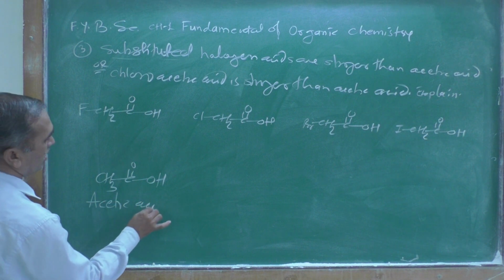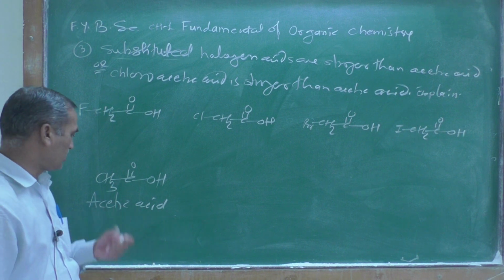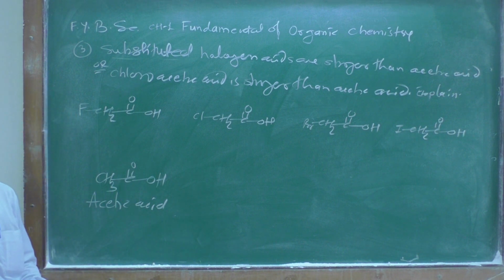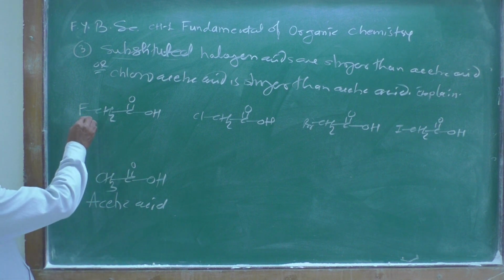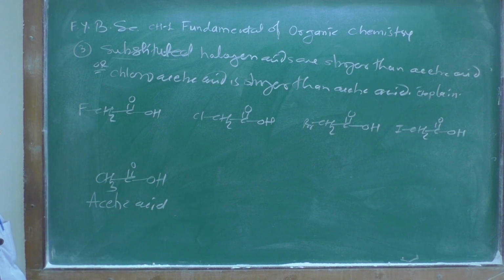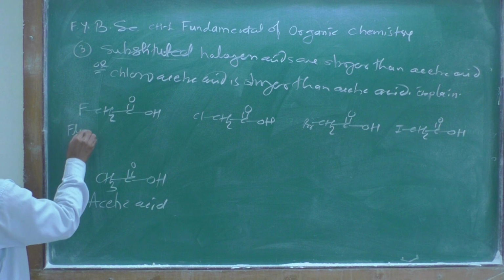The name of this compound is acetic acid, or the F.Y.B.Sc. name of this compound is ethanoic acid. But what is the name of this compound? It is fluoroacetic acid.